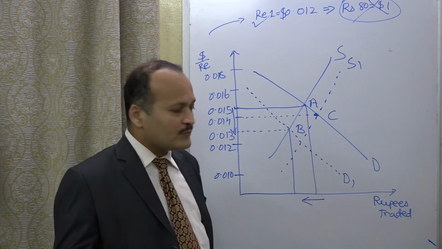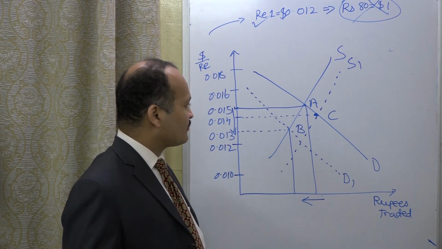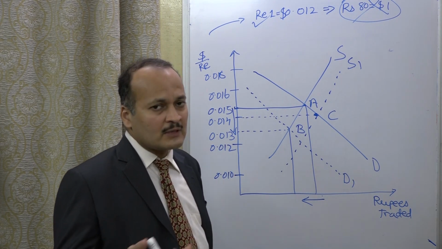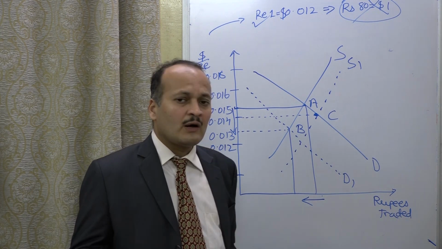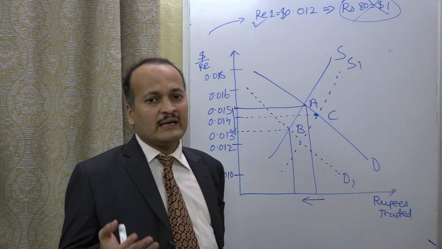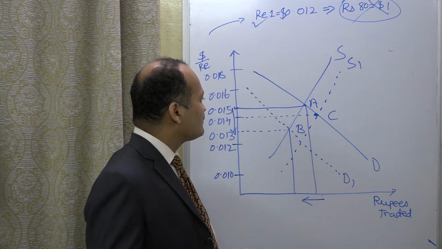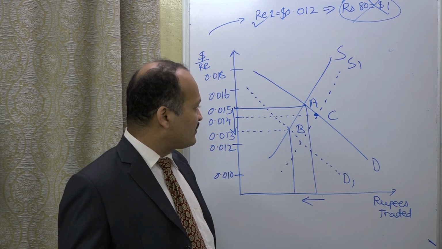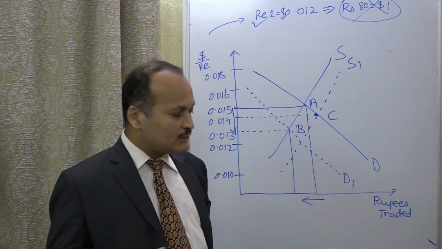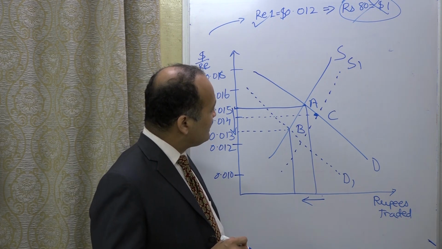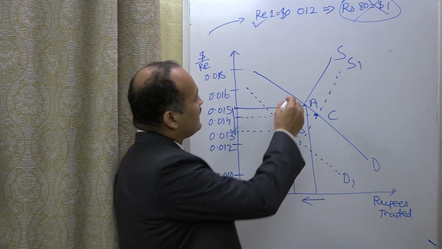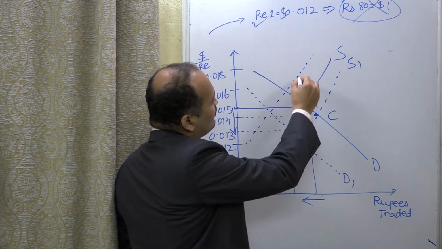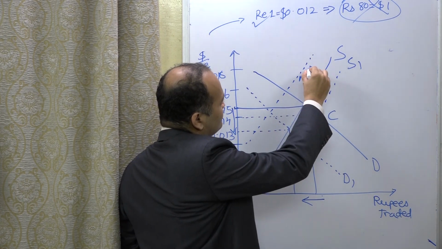And when the cost of money is going higher, meaning the interest rates are going higher, some of the importers may find that at this increased cost borrowing becomes very costly, and perhaps they would like to refrain from importing too much, and that would be reflected in an upward shift in the supply curve.